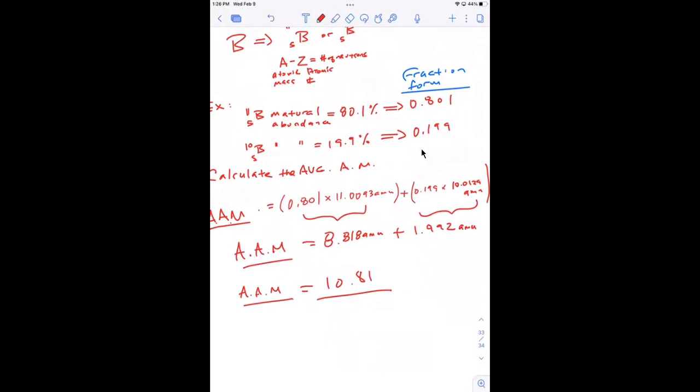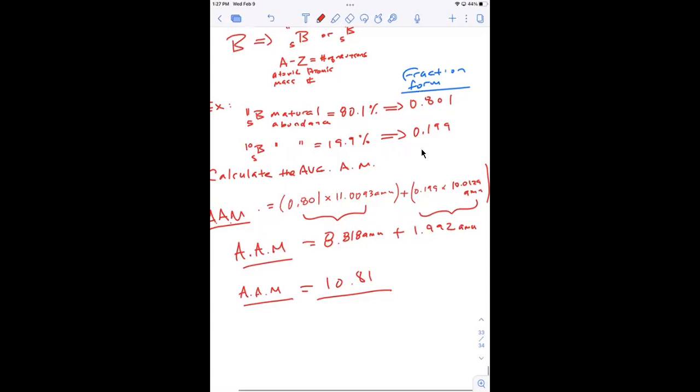So if you have, let's say, 5 naturally occurring isotopes, then you'll have 5 terms in this calculation. Each one would be a product, plus the product of the other one, plus the product of the other one, and so on and so forth. We're going to do one that has 3 terms to make more sense. Any questions about this?